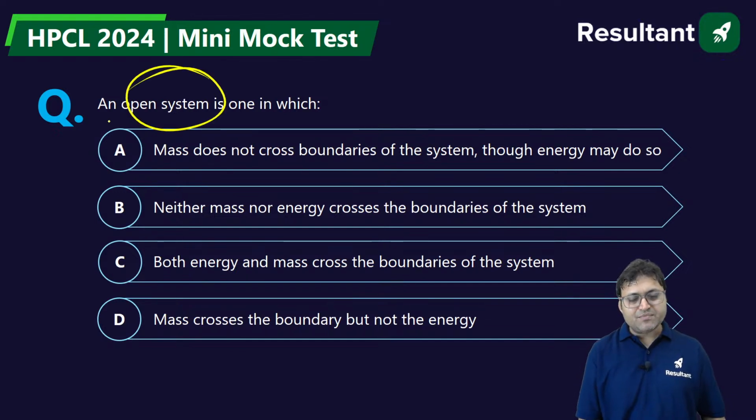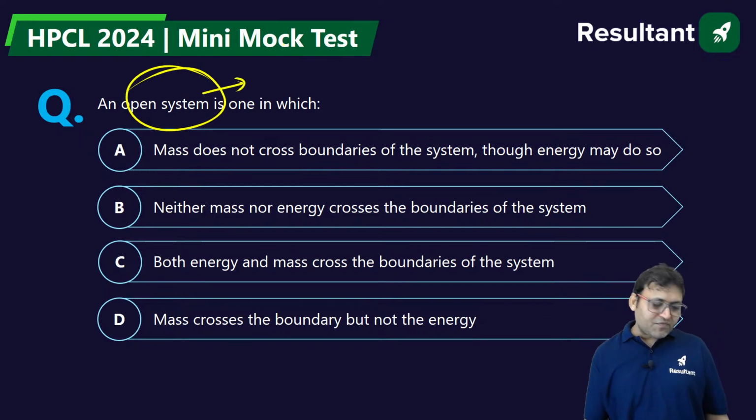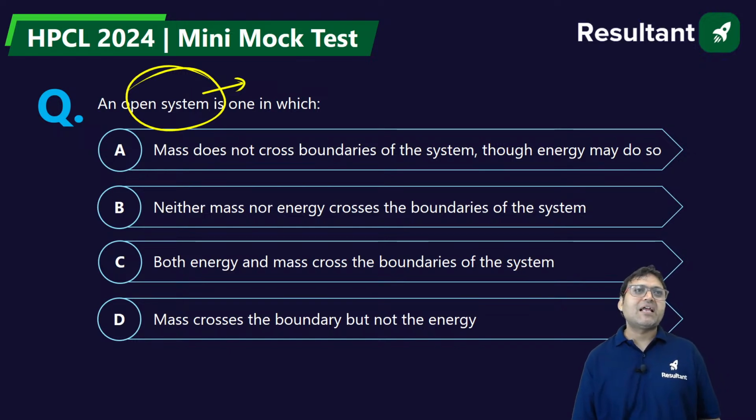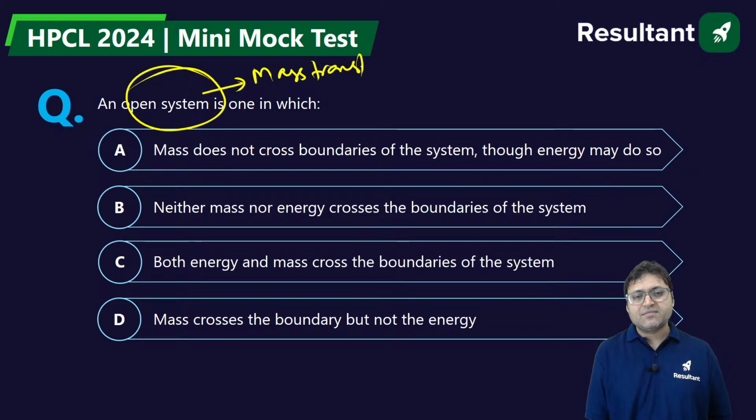What is an open system? There are three types of systems. Based on mass transfer, the system can be classified in three ways. If the mass crosses the boundary, then it is an open system. Mass transfer will take place and energy transfer will also take place.